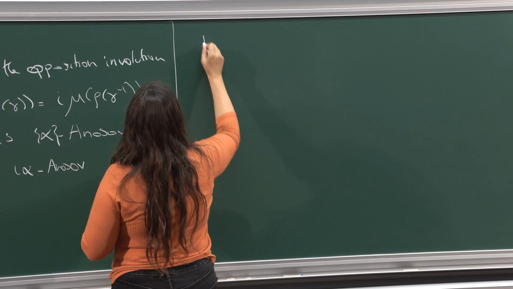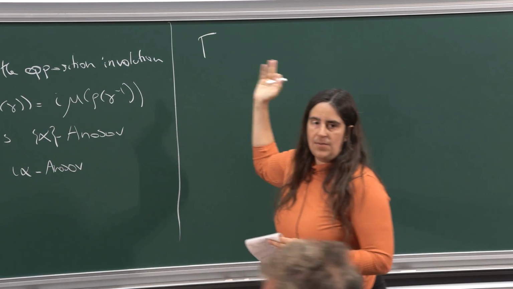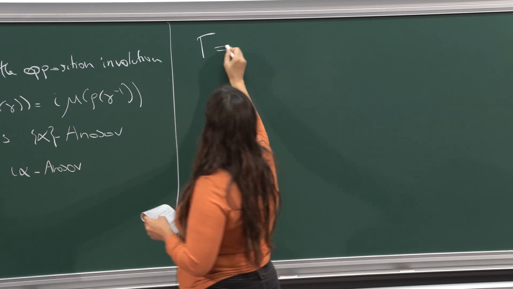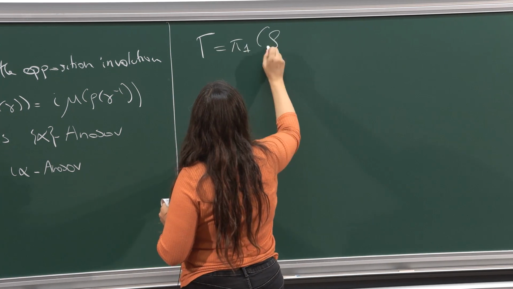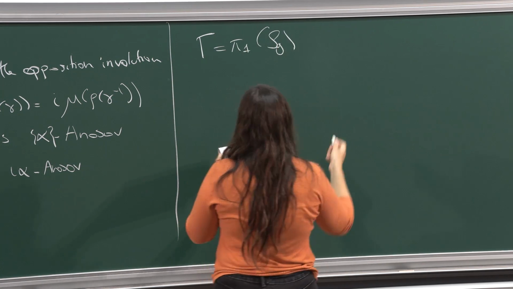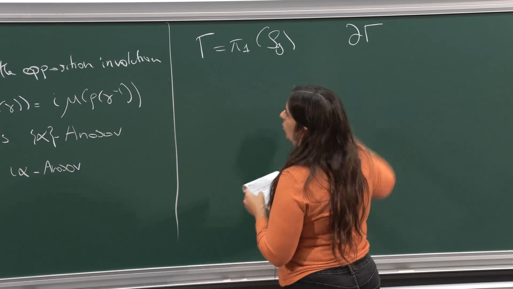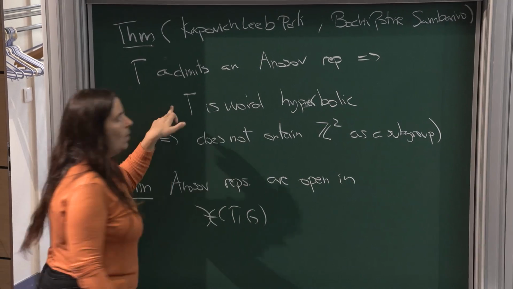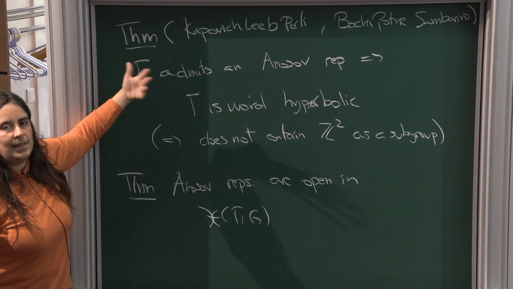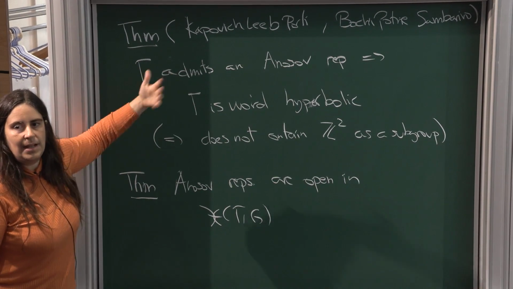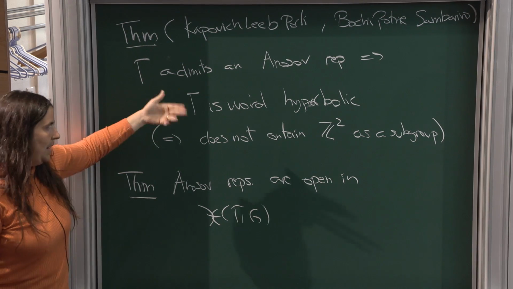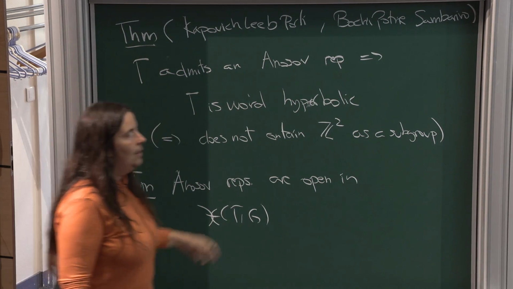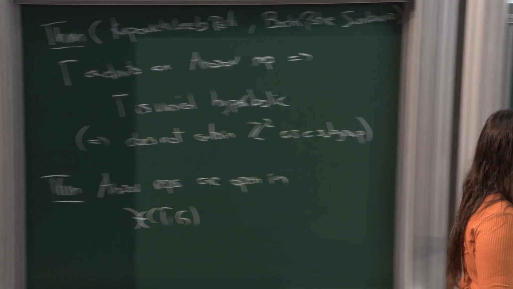So we assume for concreteness, even though this is very general, that gamma is the fundamental group of my surface. And I told you here that gamma is word hyperbolic. If you know what this means, it has a boundary, the set of rays in the Cayley graph up to being close by. If you don't know what this means, you can think of it this way.